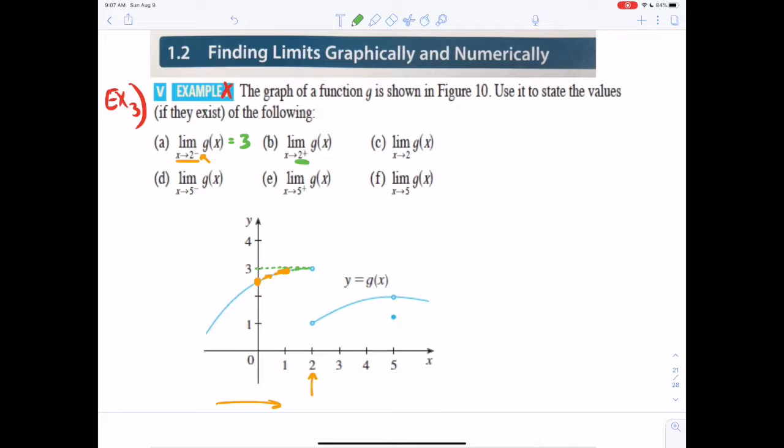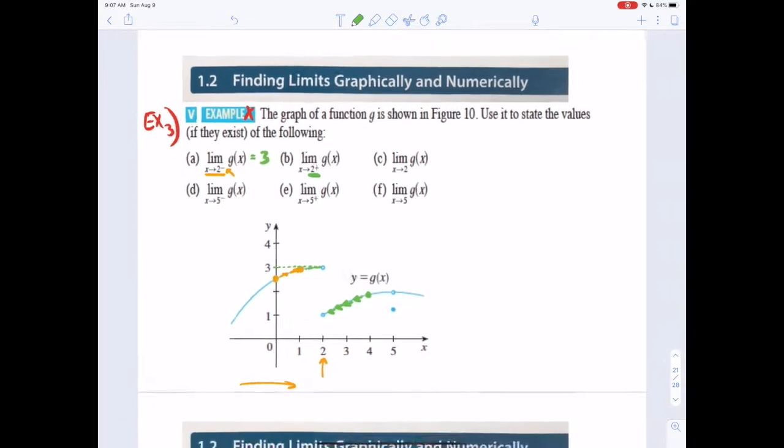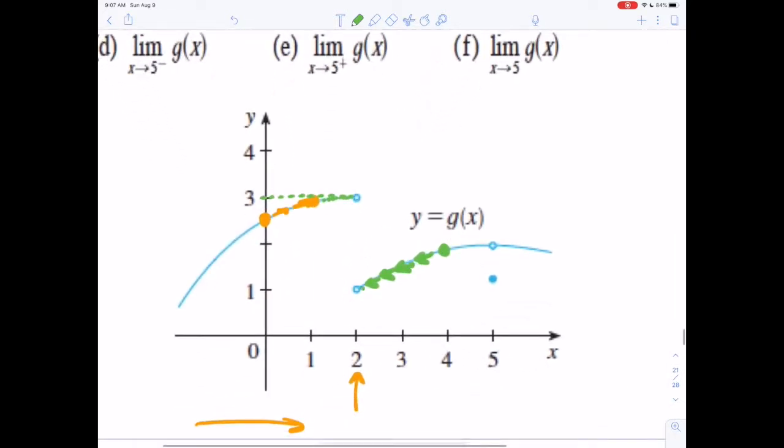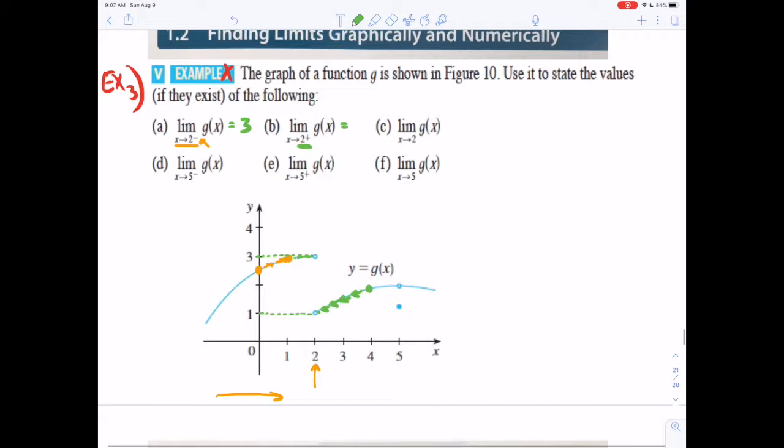So I'm just going to start here at 4. It doesn't matter where you start. Okay? And we're going to slowly try to get closer and closer to 2. Now, if you notice, when we get really close to 2, what is that y value? Okay, that y value there is going to be 1.